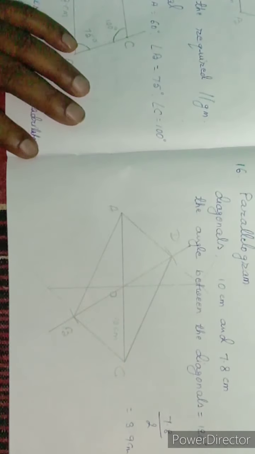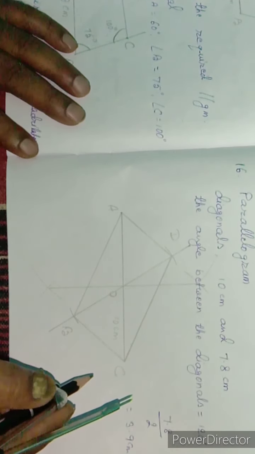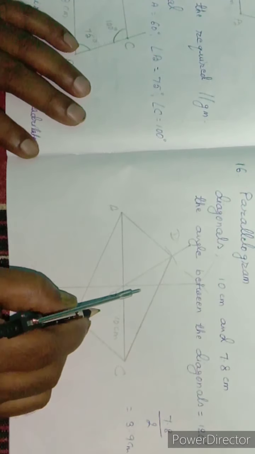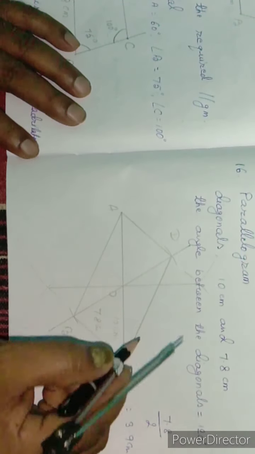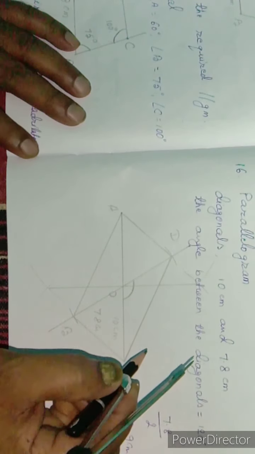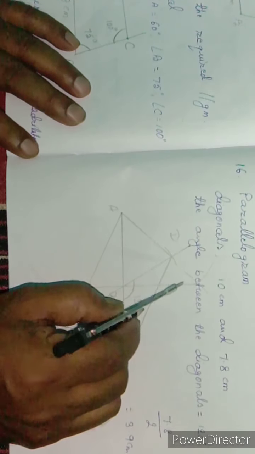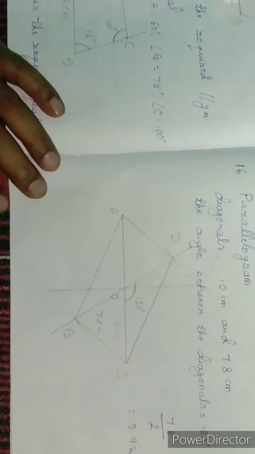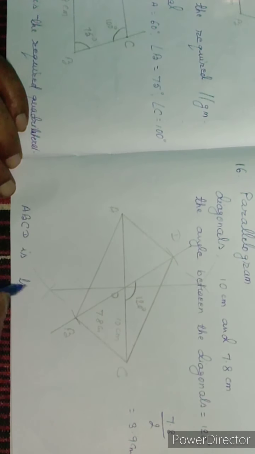This ABCD is the required parallelogram, in which AC is 10 centimeter and BD is 7.8 centimeter, and the angle between these two diagonals is equal to 120 degree. At last you write ABCD is the required parallelogram.